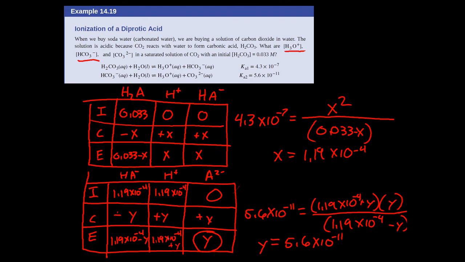You did not change that number at all. You would have had to have, let's see, 8 sig figs or something like that in your answer. You would have to be that precise to be able to see a difference in the two answers. So those two concentrations are just 1.19 times 10 to the negative 4.